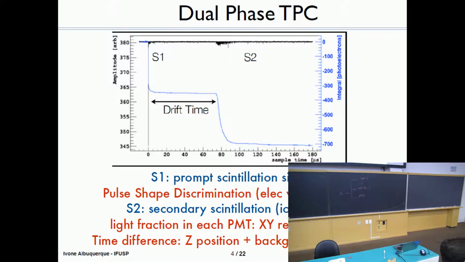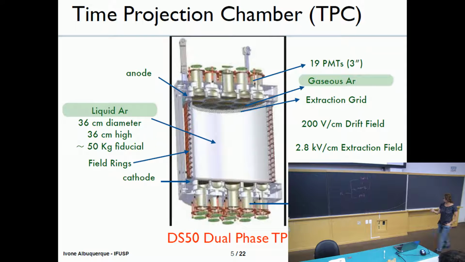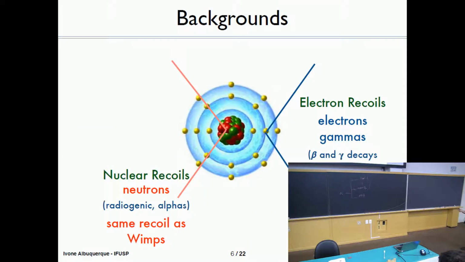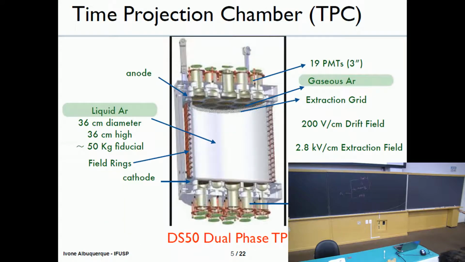And the light fraction on the PMTs will help us pin down the XY position. So for liquid argon, a very strong tool is this pulse shape discrimination, and I'll describe this later.